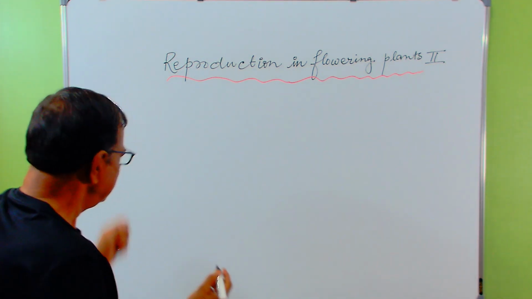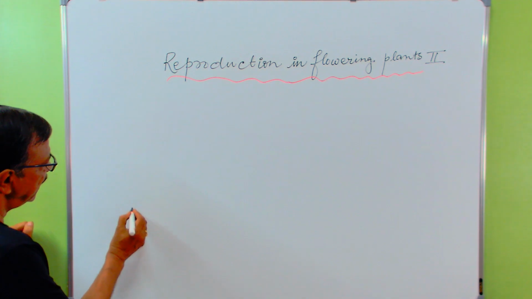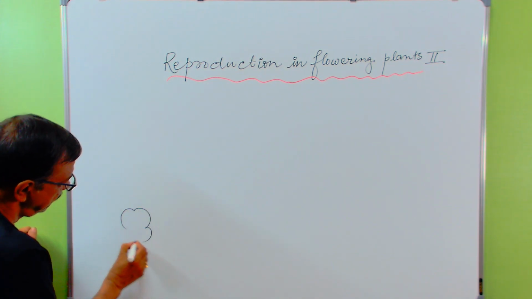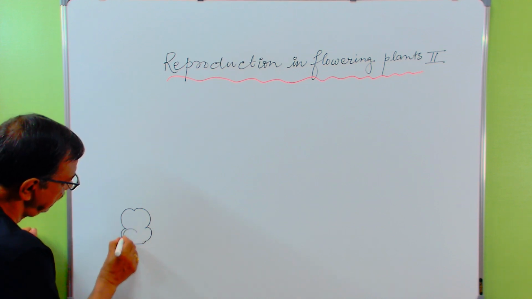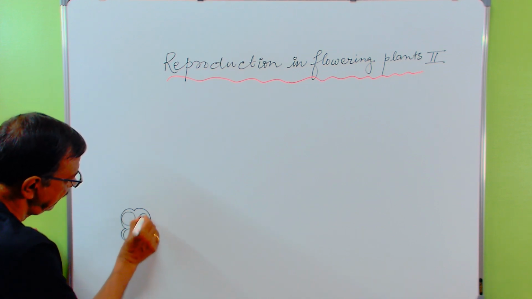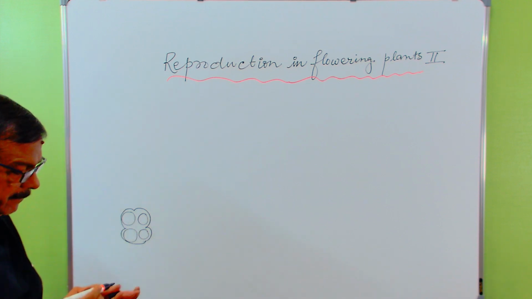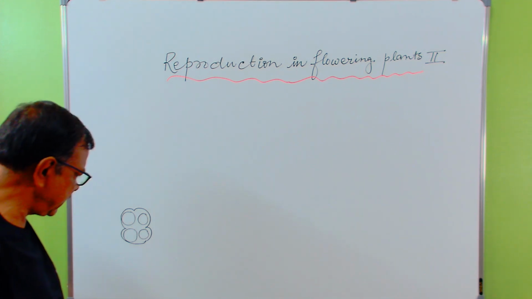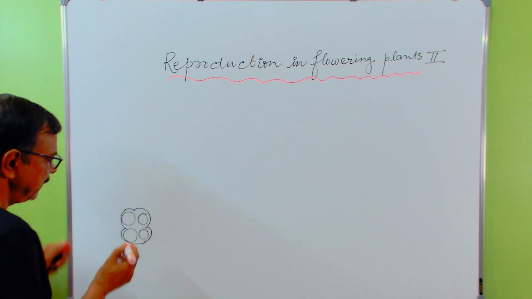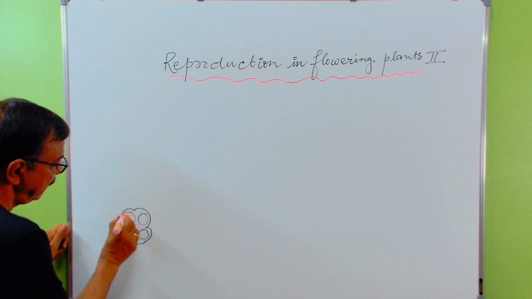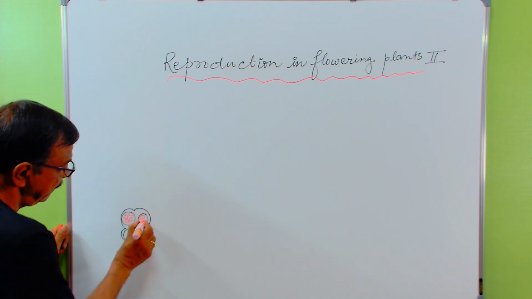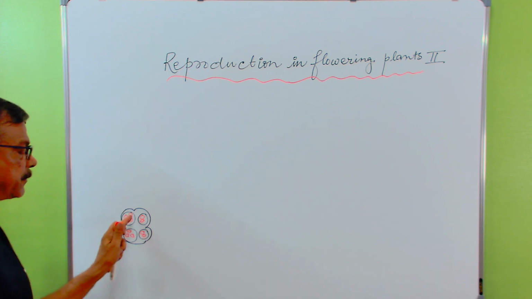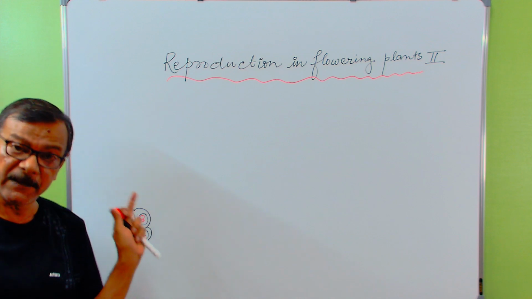We have seen that in the microsporangium, some sporogenous cells are there. And these sporogenous cells are diploid.